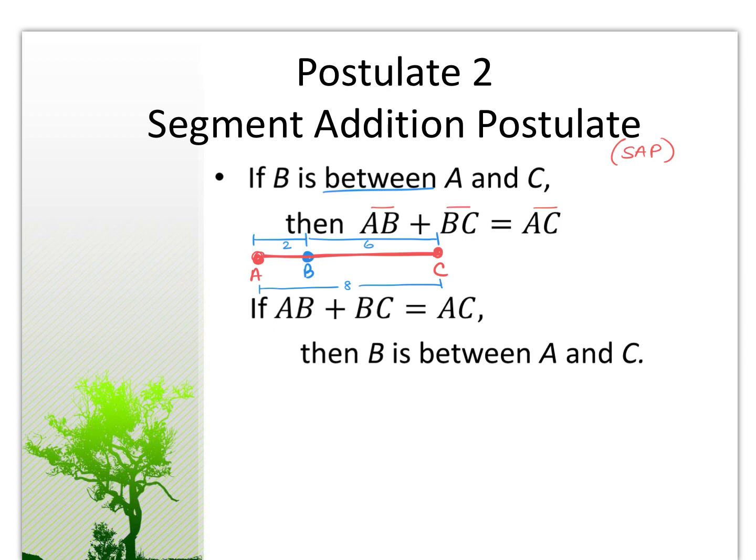So all the parts of a segment add up to the entire segment, and that makes sense. We also know that if the parts equal the total, then this shared point has to be somewhere in between the two ends. That's just reasoning or common sense. So the segment addition postulate in sum tells you that the sum of the parts equals the whole when it comes to a segment.